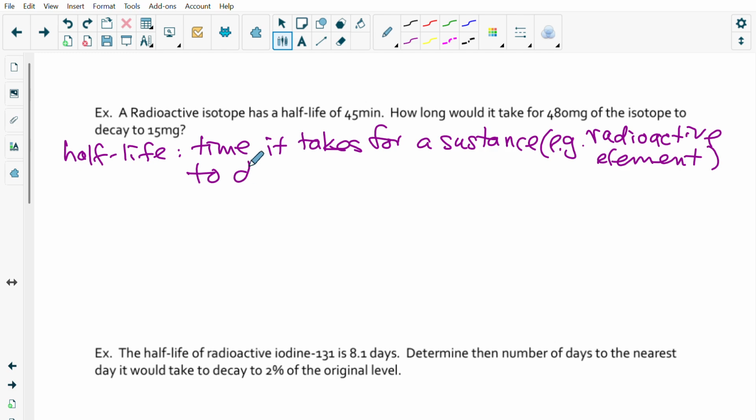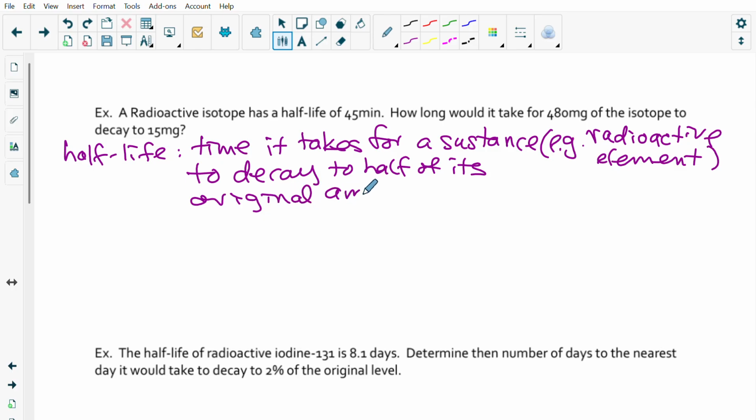The time it takes for a substance to decay to half of its original amount. Instead of doubling, this is like a halving period.